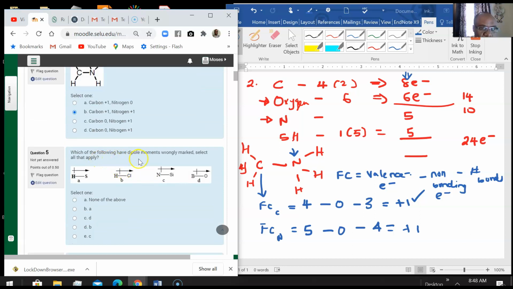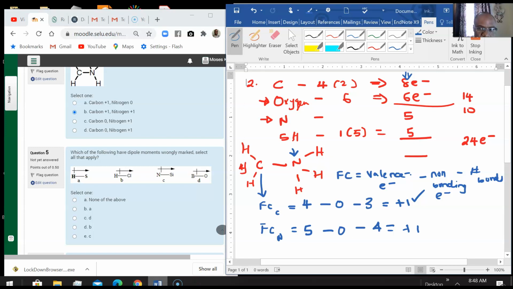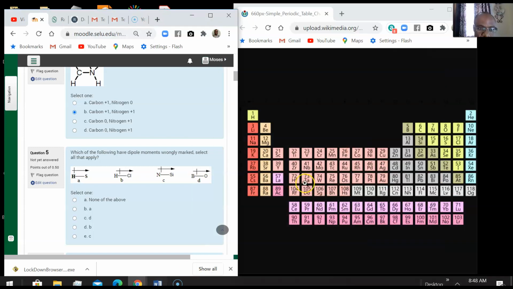Which of the following have strongly marked dipole moments? Select all that apply. Alright, so let's see where our periodic table is. Electronegativity increases across the periodic table, and the dipole moment points to the most electronegative element.